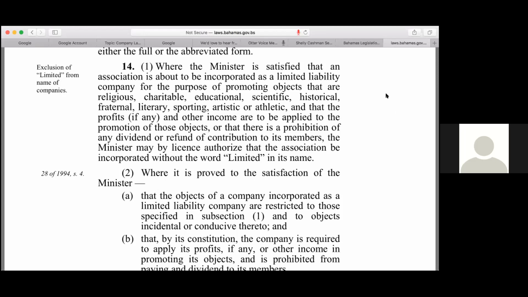Because the Bahamas has certain sectors that are carved out just for Bahamians, and certain sectors just for foreigners.